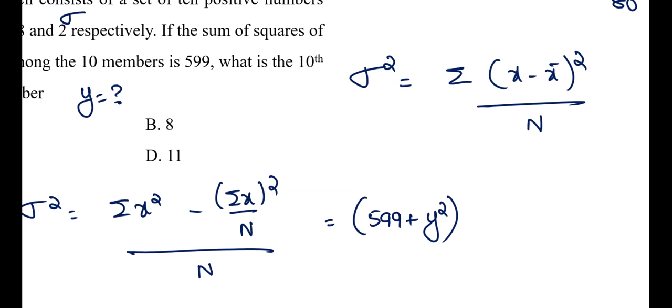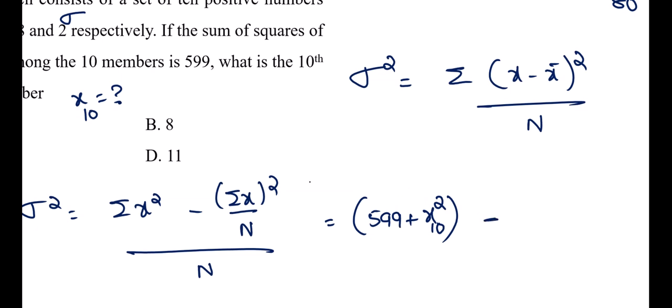Sum of x square means all 10 number squares we need to do. x1 square, x2 square, and so on up to x10 square. I think better I can mention this as x10, the 10th number. Sum of 10 number squares is required. Here 9 number squares are already given, the 10th number is not there.